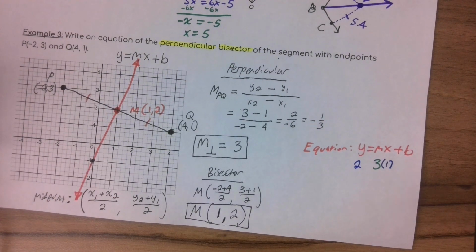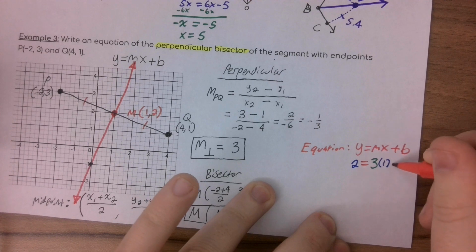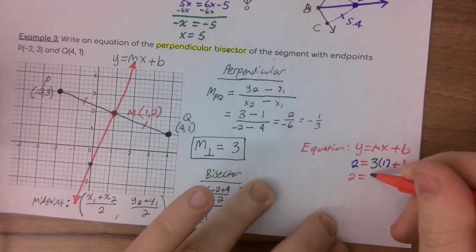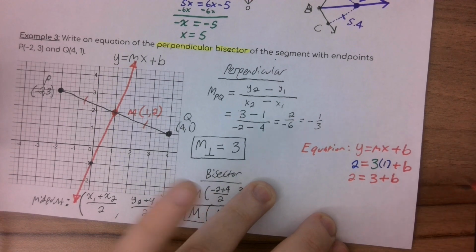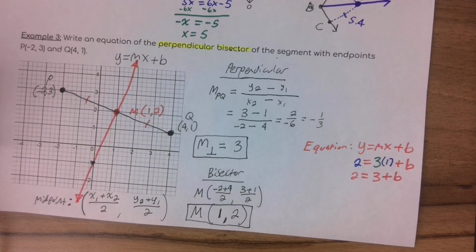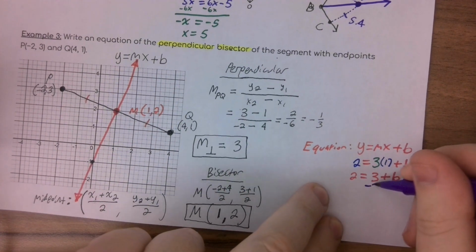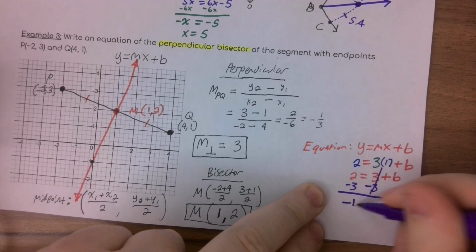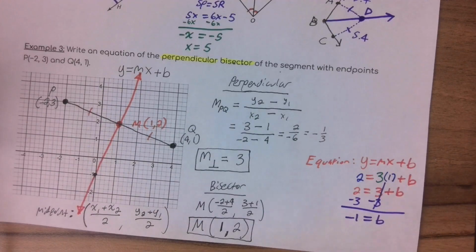So this is really 2 equals 3 times 1 plus b, or 2 equals 3 plus b. To solve for b, which is the last thing we need, it's the y-intercept, we can subtract 3 from both sides and get negative 1 equals b.